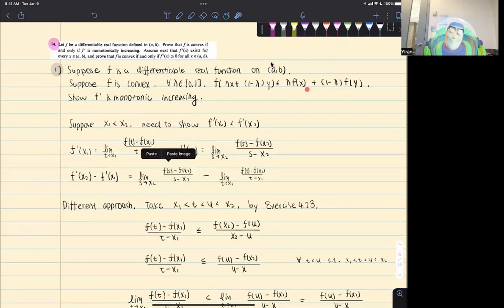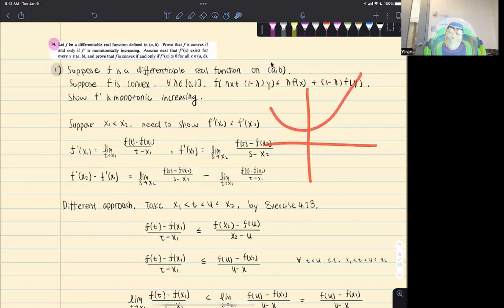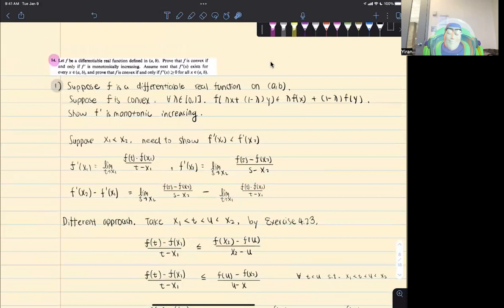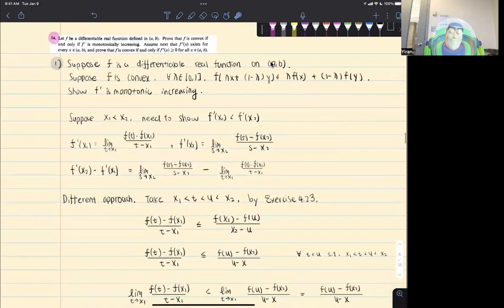Recall in calculus, we have this, and the corresponding f prime is going to be this. It's very natural, and you can understand it geometrically very easily. To prove this statement, we need to use a corollary that we discussed in the previous problem. I will remind you when we need that.